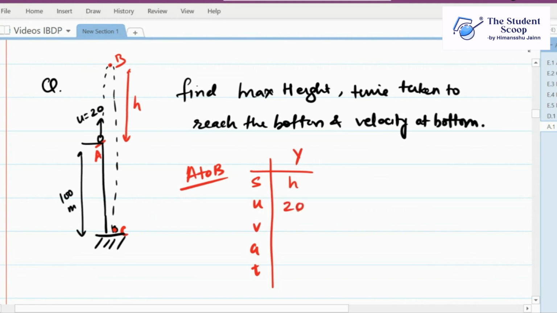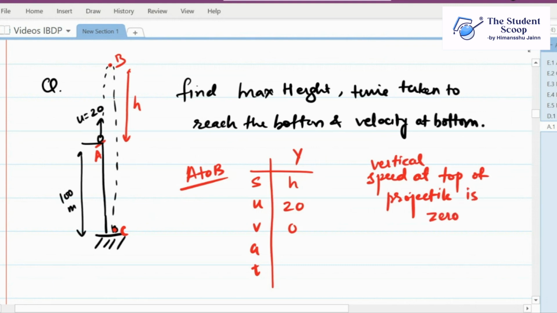Initial velocity is 20, final velocity will be 0. We need to know that the vertical velocity at the top of the projectile is 0. Acceleration will be negative g, that is negative 9.8, which we can take as negative 10. And time is something that we need to find.